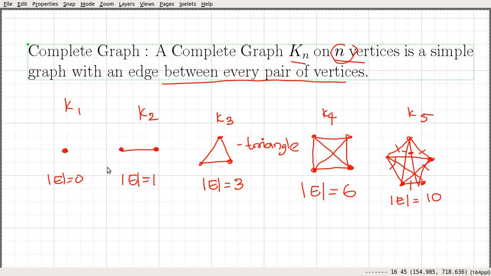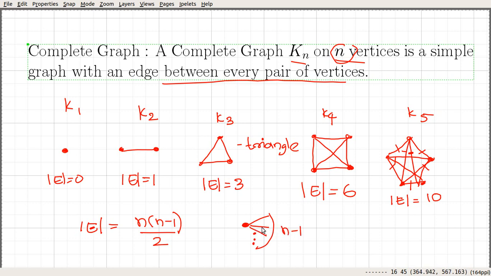So these are examples of the first 5 values. You can see that for an arbitrary graph with n vertices, the total number of edges will be n times n minus 1 divided by 2. This is how we got this. If you consider a particular vertex, it is connected to n minus 1 other vertices.